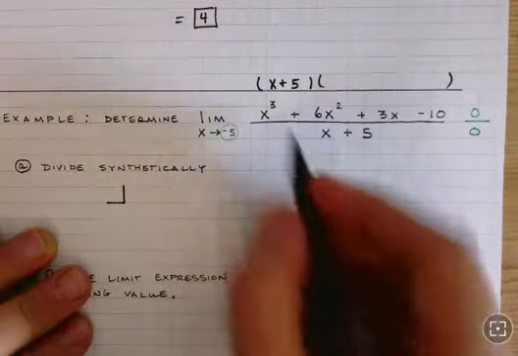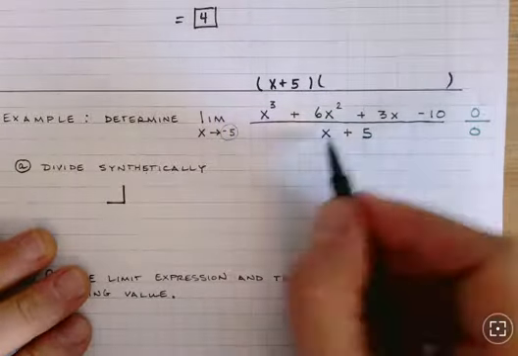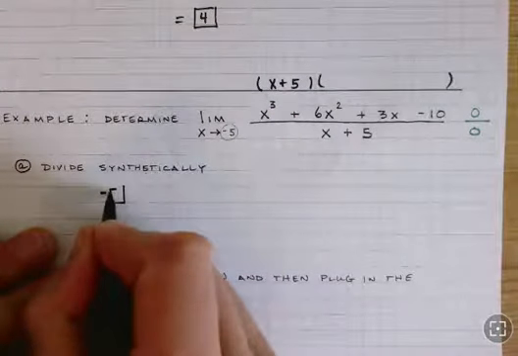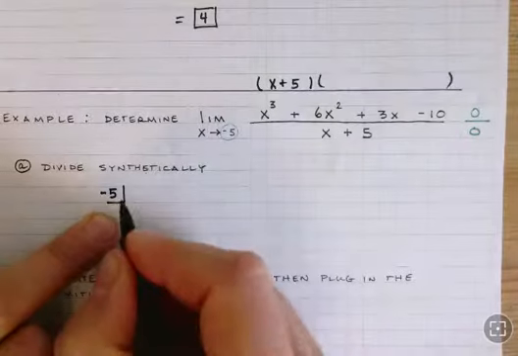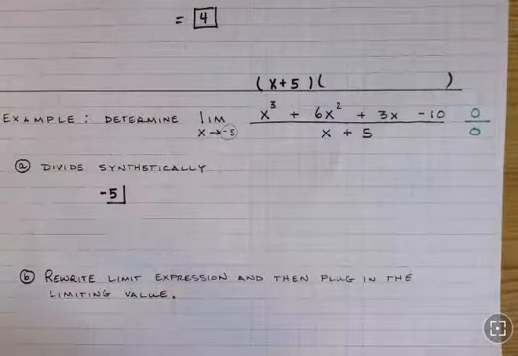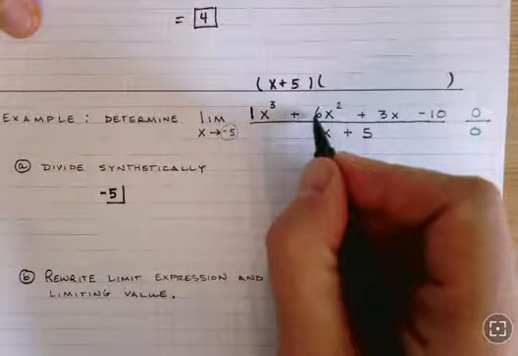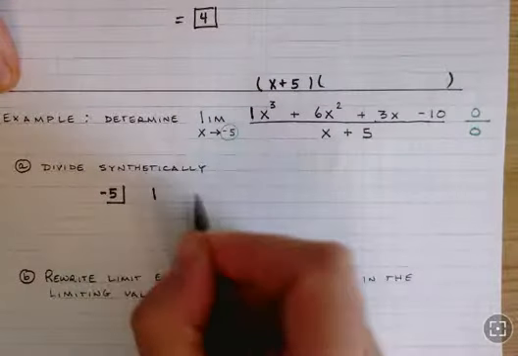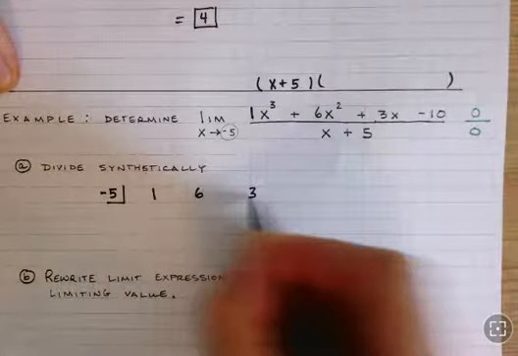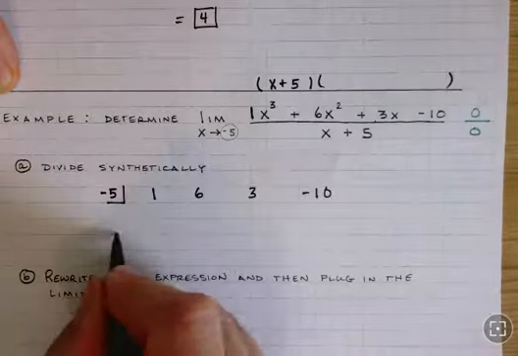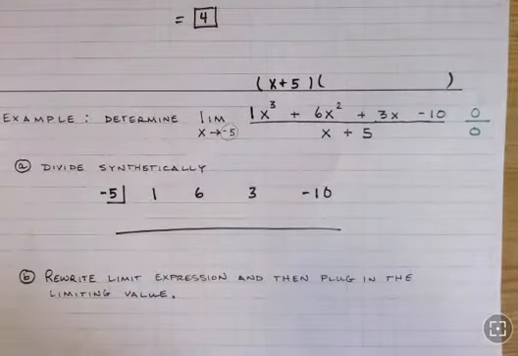So when we synthetically divide this by x plus 5, we plug the root of the denominator in here. We take the coefficients of the numerator and we list them. And then the process goes like this.